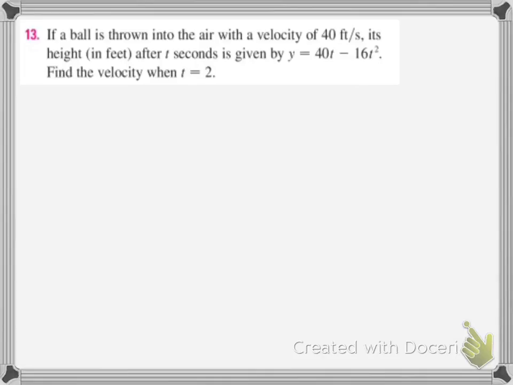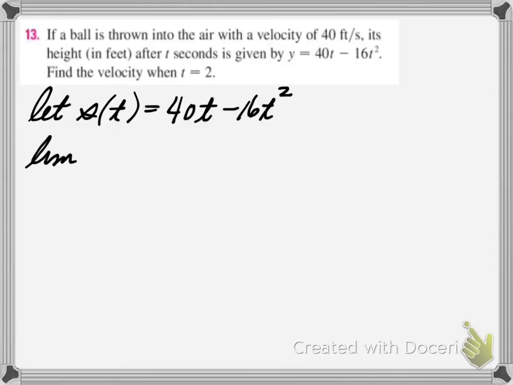And for this particular problem, I'm going to take the approach of letting h approach 0. So let's start off. We'll let s equal 40t minus 16t squared. s is kind of standard notation for position. That's our position function.